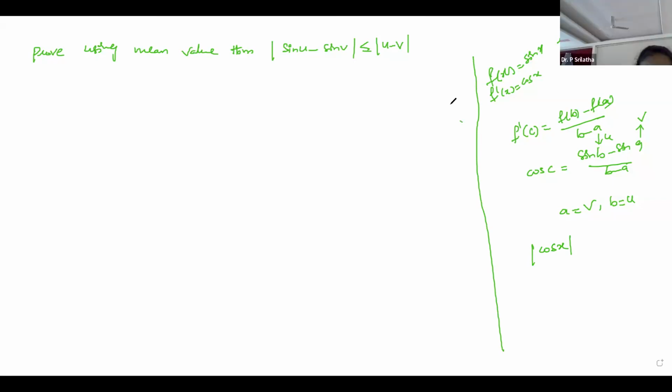What is the formula for modulus of cos x? Yes, yes. What happened, guys?